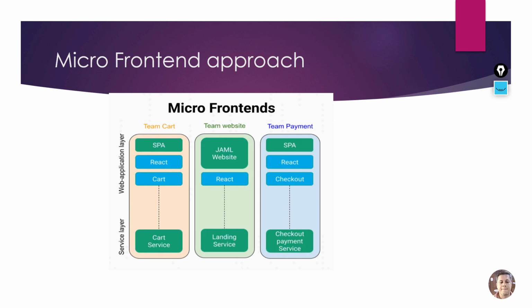And as you see, on all the micro front-ends, React.js is used. But what you can do is you can have React in team cart, you can have Vue on team website, and you can have Angular on team payment. So don't worry about it, because Webpack is going to handle everything: parsing, creation, building the JavaScript.